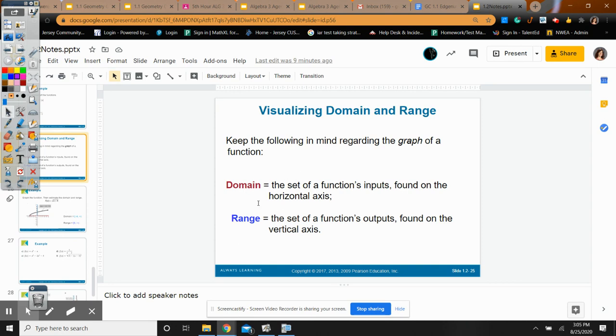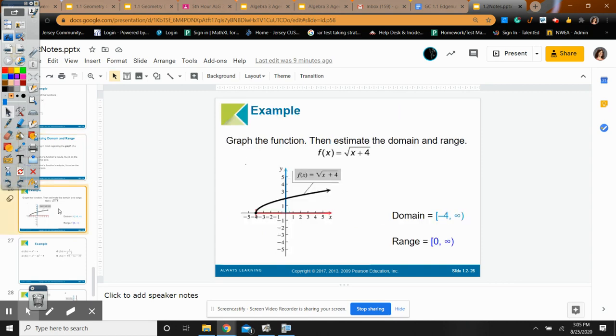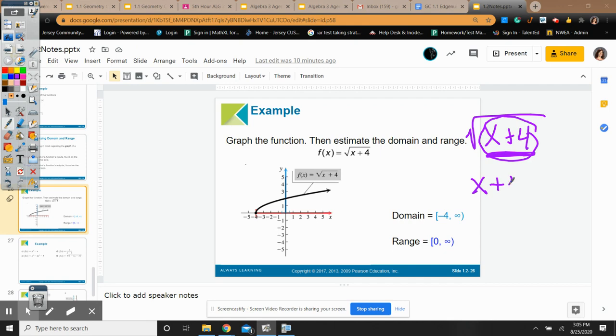Okay, so domain on the graph is what x can be. Range, it's what y can be. You're talking your left and right and up and down. Here's more notation. If this is your graph, what is the domain? This one has a risk factor, guys. X plus 4. X plus 4 cannot be negative. So x plus 4 has to be greater than or equal to 0.